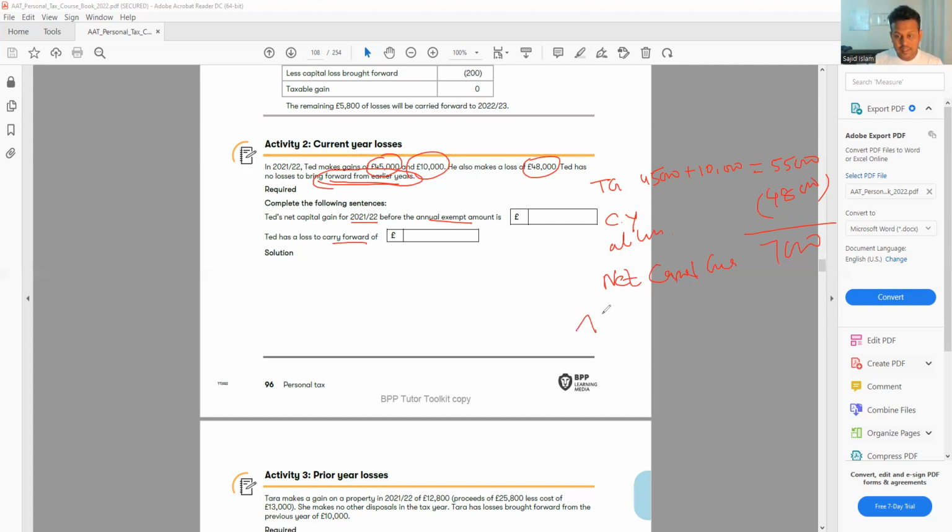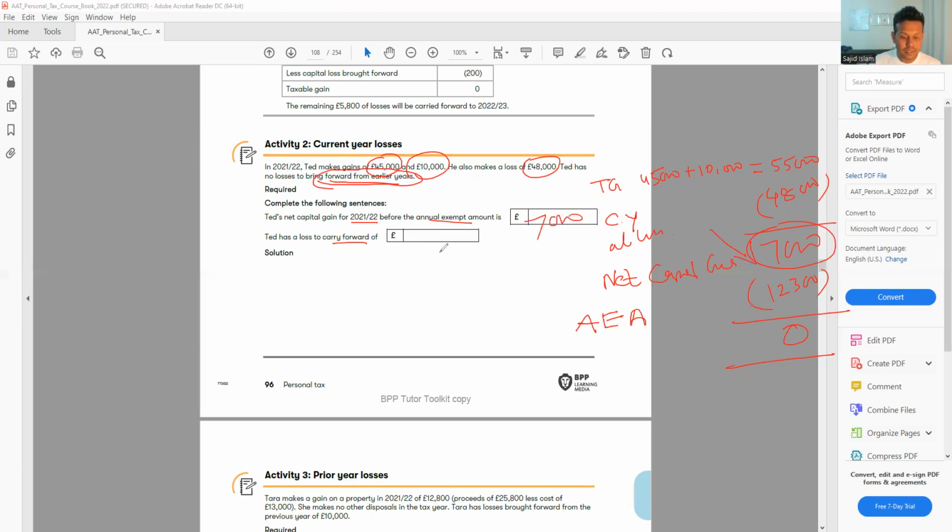So minus the annual exemption from the net capital gain, annual exemption amount, that is 12,300. And if you minus that, that will give us 0. We can see even though net gain is only 7,000, I can only offset up to 7,000 for the annual exemption, because the remaining balance cannot be carried forward. So the net capital gain before the annual exemption is 7,000.